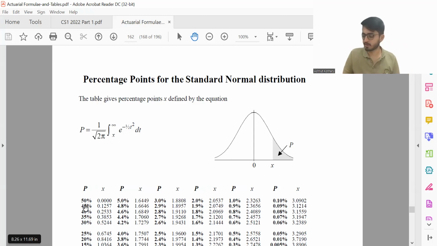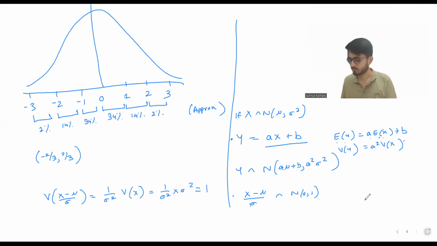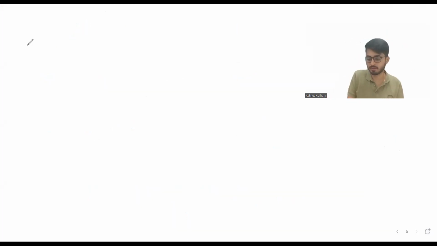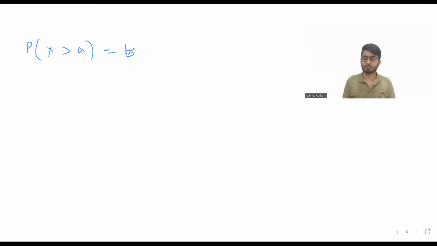So how you could read this is in this way. Again, this is something we would be covering in far greater detail later as well. See, there are two components: probability X greater than a equals b. If we know the value of b, then the percentage point is used to get the value of a. So if b is 50%, I can correspondingly find the value of a.